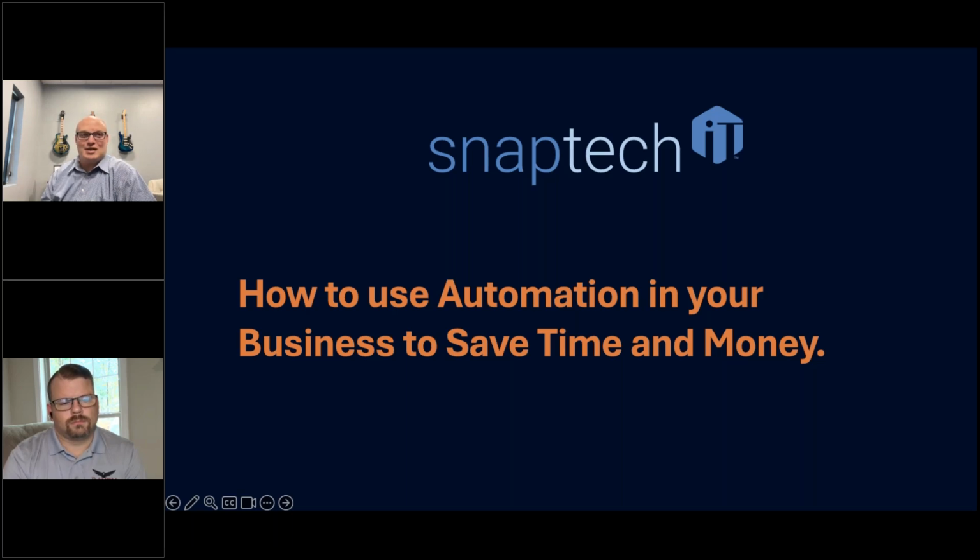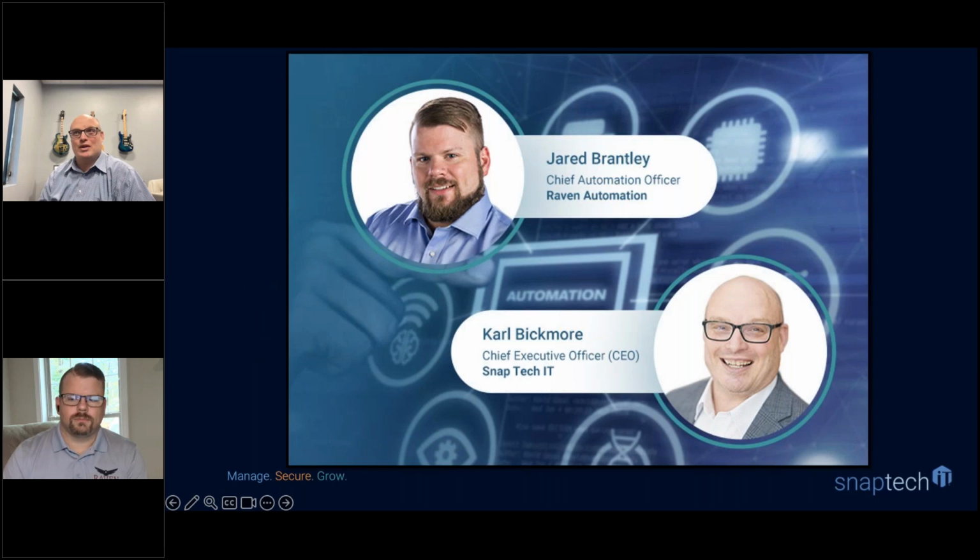So let's go ahead and get into the content of the webinar. First of all, today we have with us somebody who I've worked with for quite a while, Jared Brantley, who is the Chief Automation Officer of an organization called Raven Automation. And as I said before, I'm the CEO of SnapTech IT. Full disclosure, I am also a part of Raven Automation.